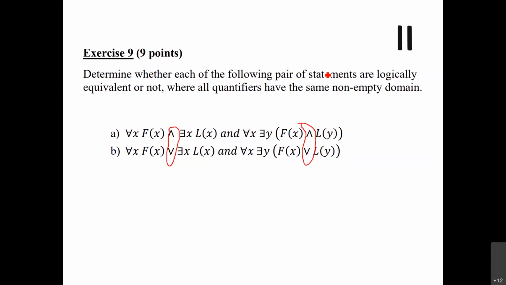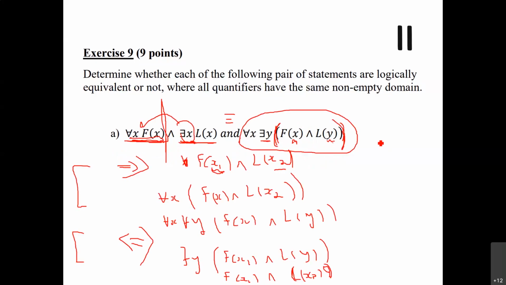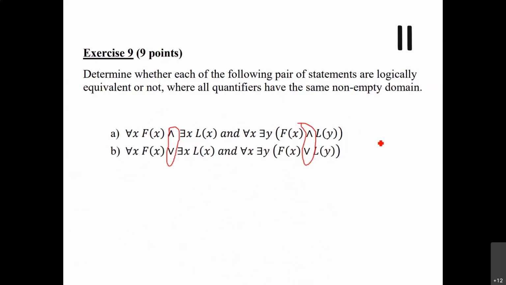They're also equivalent. By doing the same steps as before, you get the same result. The only difference, this is for ands and this is for ors. I see this as just trying to understand that this x is different than this x. And you can use any variables. This is the point of these two parts.